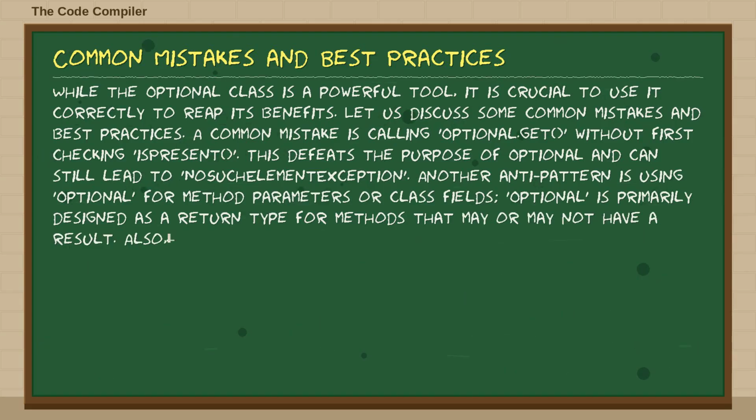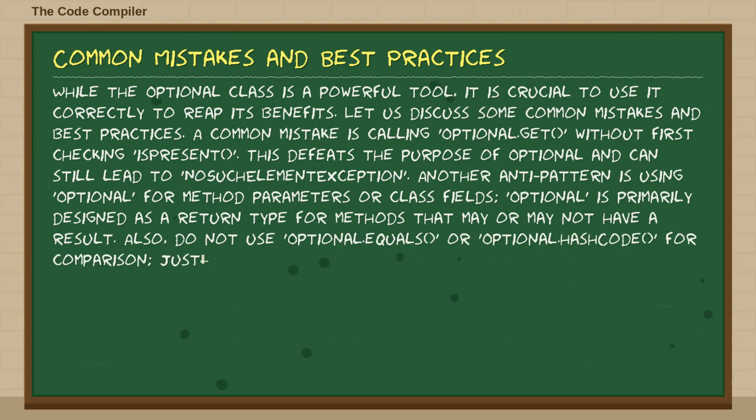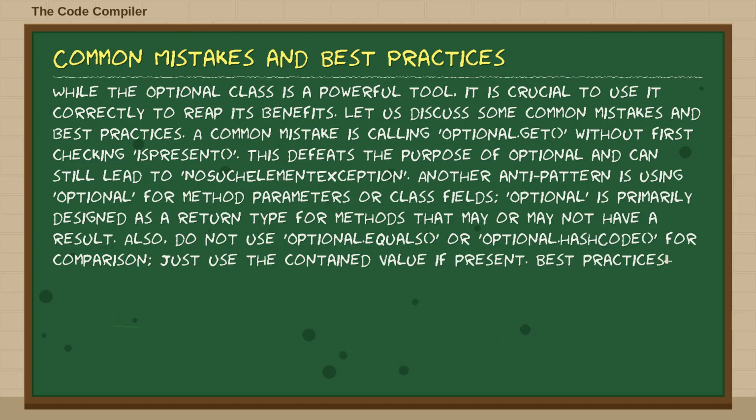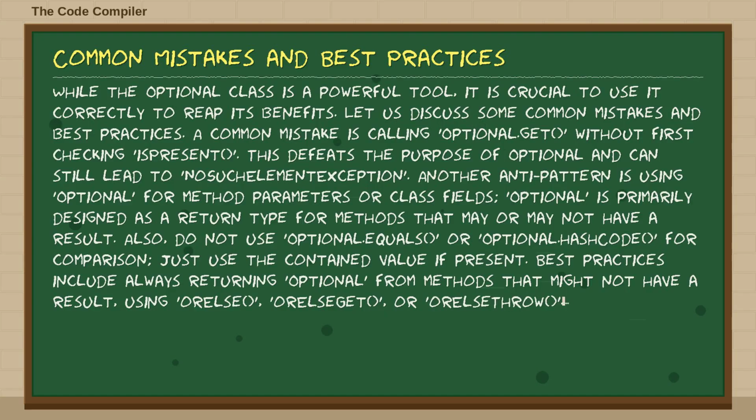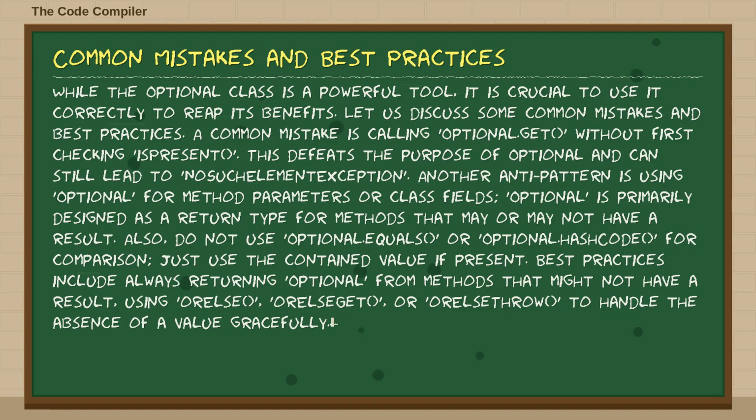Also, do not use Optional.equals or Optional.hashCode for comparison, just use the contained value if present. Best practices include always returning Optional from methods that might not have a result, using orElseGet or orElseThrow to handle the absence of a value gracefully.